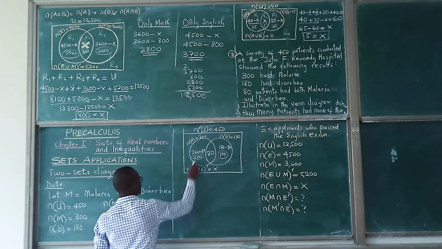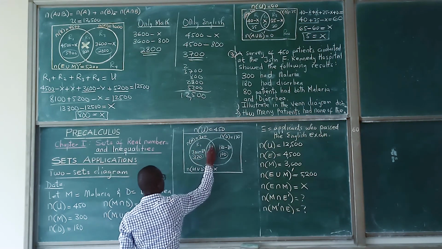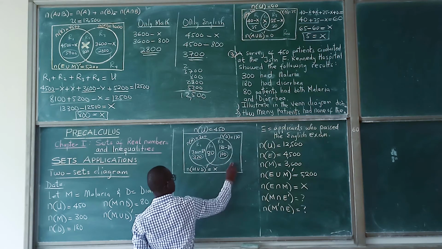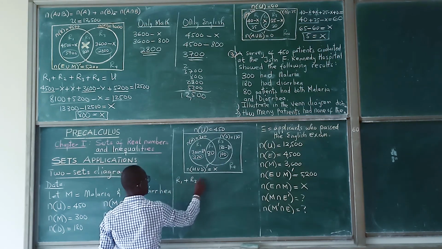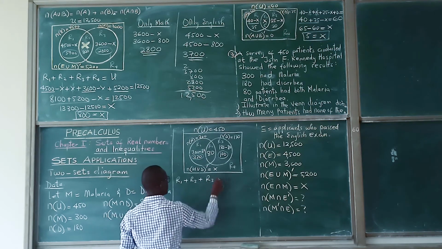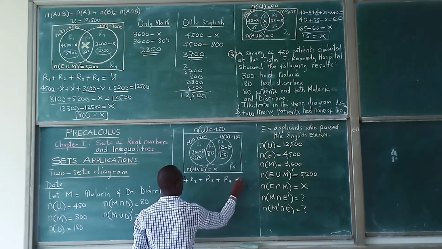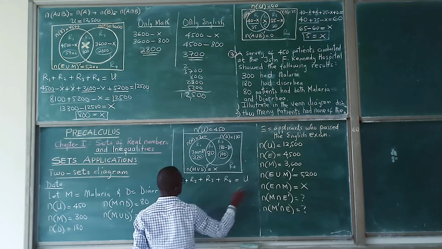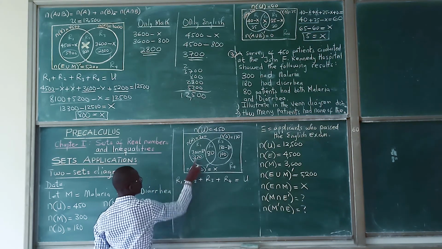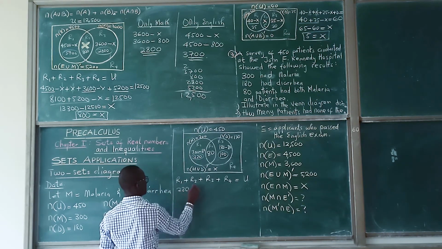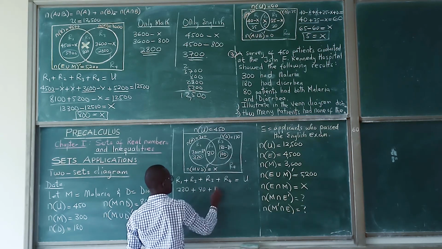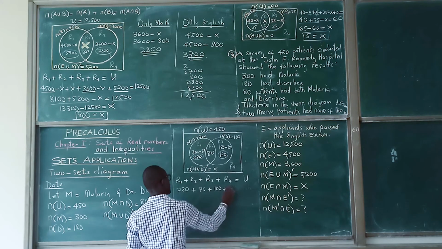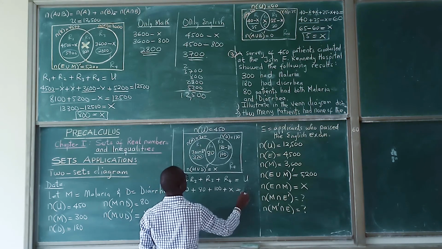So again, region 1 plus region 2 plus region 3 plus region 4 all equals the universal set. Region 1 is 220, region 2 is 80, region 3 is 100, region 4 is x, all equal to 450.